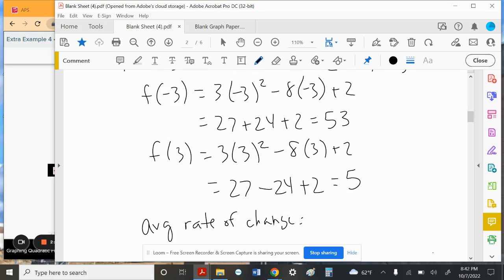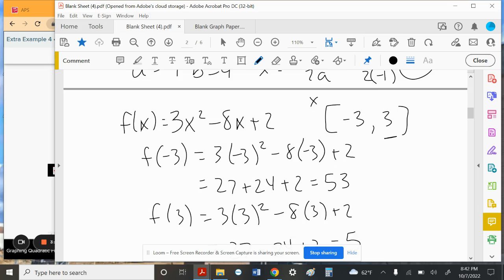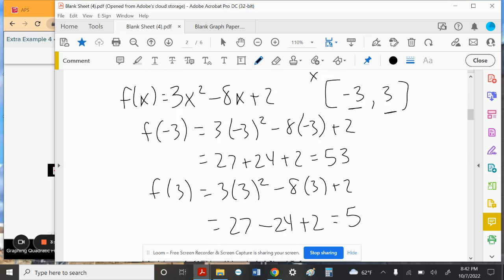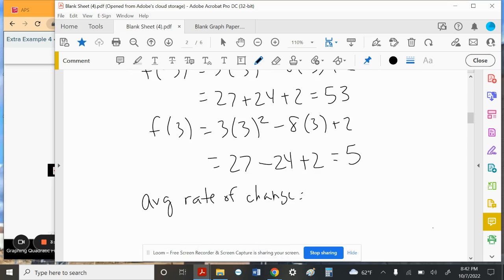equals, so we do f of 3 minus f of negative 3, right? Because we do the larger value first. So it's going to be 5 minus 53, all over the larger number minus the smaller number.